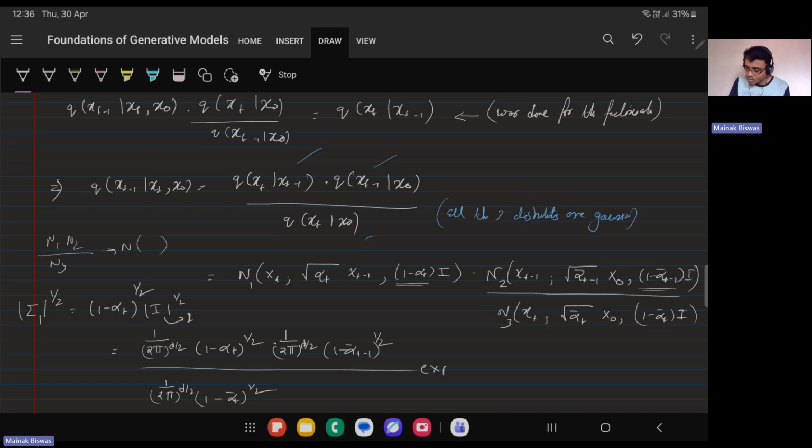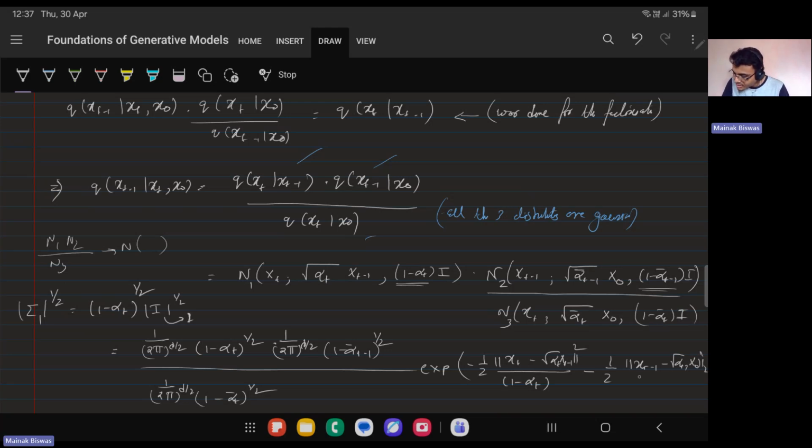And I'll have a list of exponents, right? I will have these exponents to be, we know, half xt minus root alpha t xt minus 1 squared by 1 minus alpha t, minus half into xt minus 1 minus root alpha t minus 1 bar x0 squared by 1 minus alpha t minus 1 bar. I'm just writing x minus mu by sigma, that's all I'm writing.